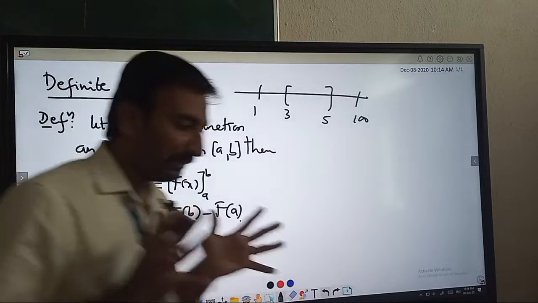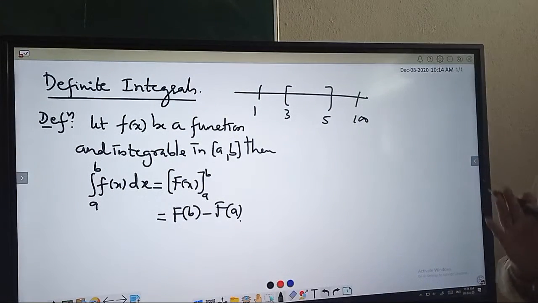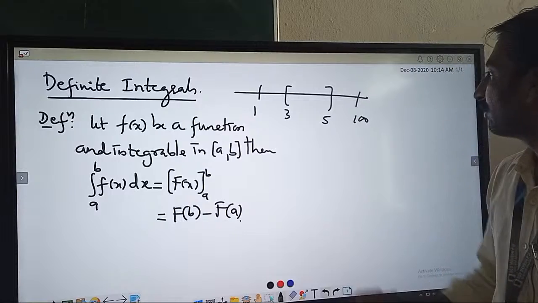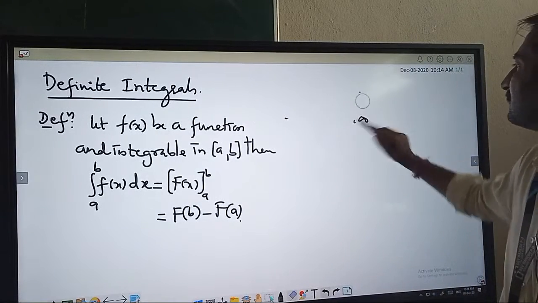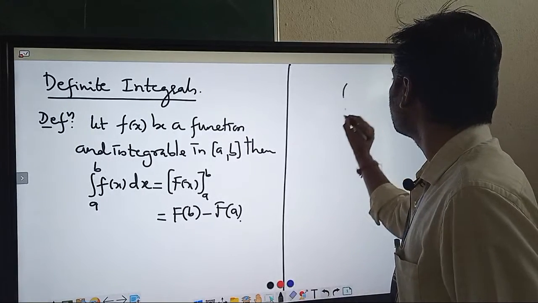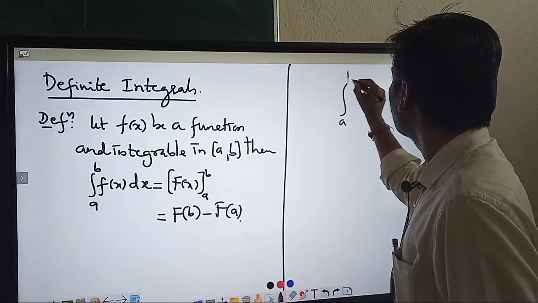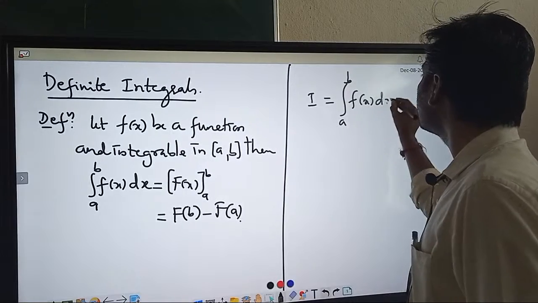See, the difference between definite and indefinite is simply that you are substituting the upper and lower values, meaning lower limit and upper limit. Okay. Now, in the detailed structure of this, say I equals integration from a to b f of x dx.